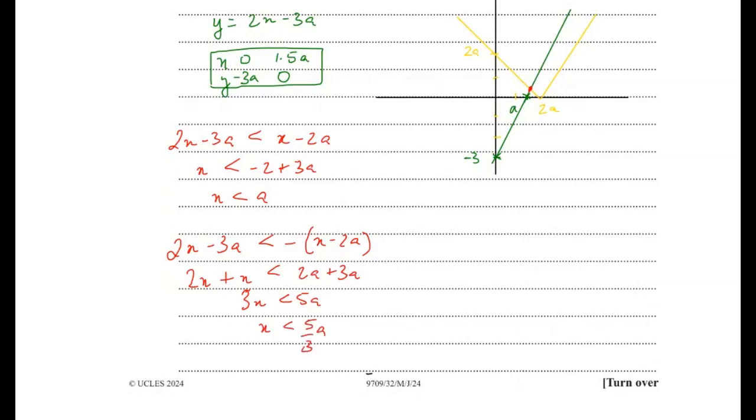Okay, this is the correct solution. This could be 5a by 3, and for all x values to the left of 5a by 3, you'll notice that the function 2x minus 3a lies below the modulus function.